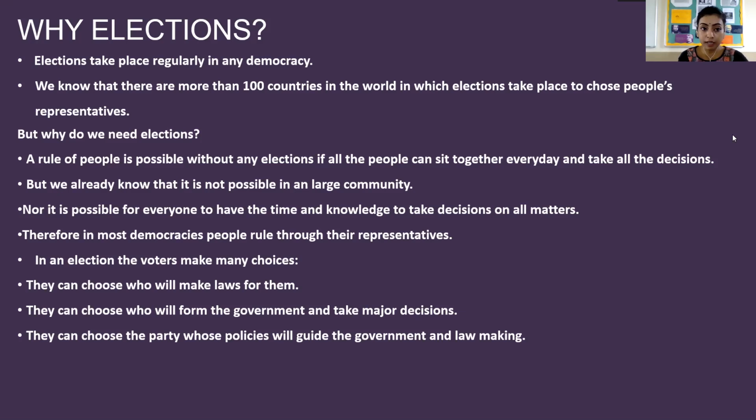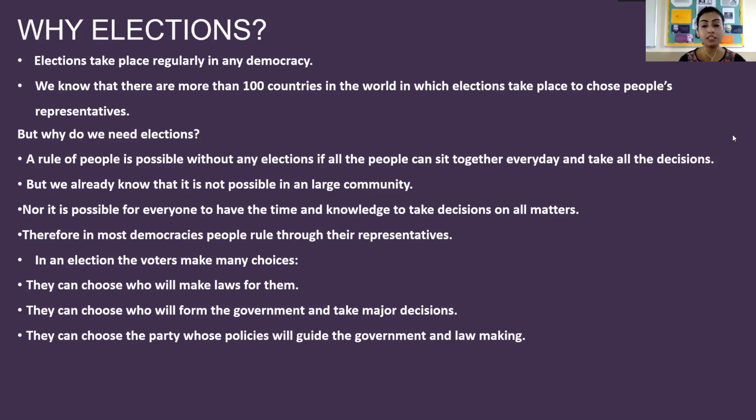Now in most democracies, people rule through elected representatives. As I said, more than 100 countries in the world are democratic, and in a democratic government, most of them elect through this process of choosing the representative.